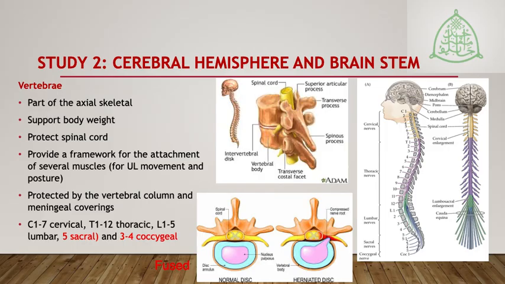We have 7 cervical bones, 12 thoracic bones, 5 lumbar, and then 5 fused sacral bones. The 5 fused sacral bones make the posterior part of our pelvic bone, and then at the bottom we have our tailbone, which in us has shrunk and gave rise to what is called the coccygeal bone, mostly 3 small fused bones. But in other animals like dogs, you can see them because they have a tail.